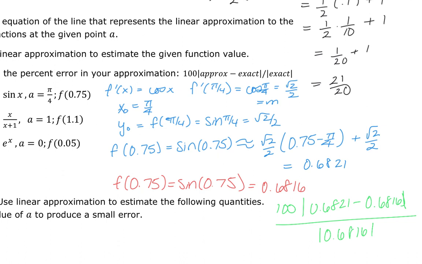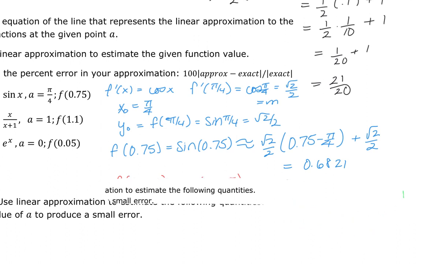Multiply that by 100, and even after multiplying by 100, I've got 0.073%. So my percentage of error is actually pretty darn close. That tells me I'm pretty close with my approximation, closer than if I would have just put that in my calculator. So that's actually kind of nice.